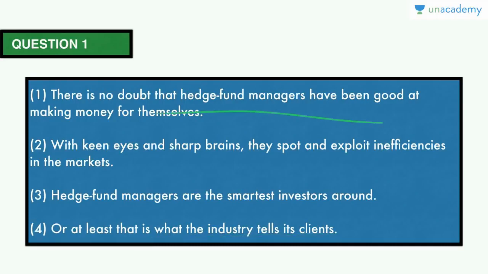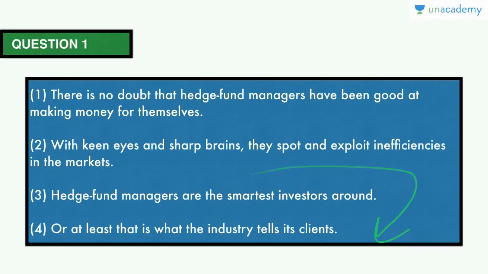There is no doubt that hedge fund managers have been good at making money for themselves, or at least that is what the industry tells its clients. Why would the industry tell its clients that? Let's check sentence 2. With keen eyes and sharp brains, they spot and exploit inefficiencies in the markets, or at least that is what the industry tells its clients.